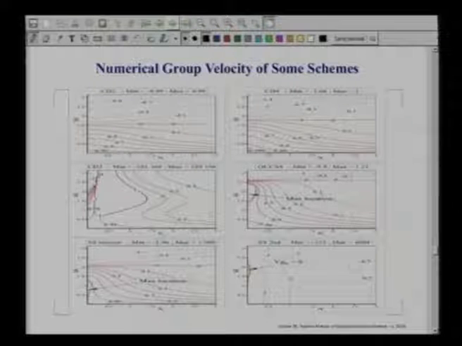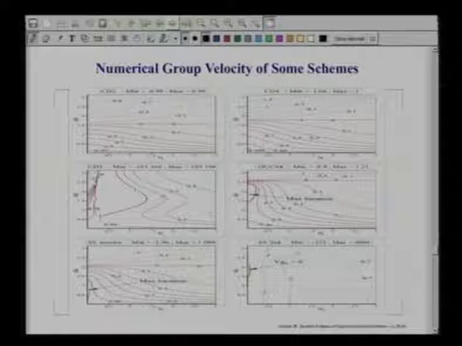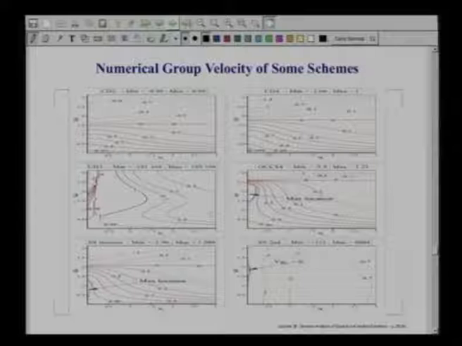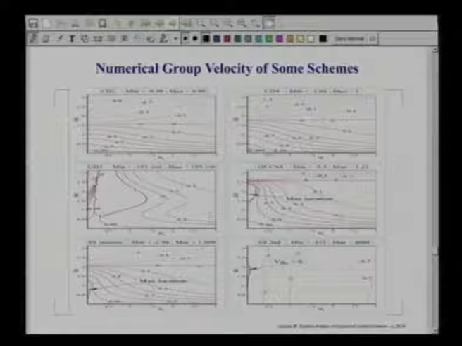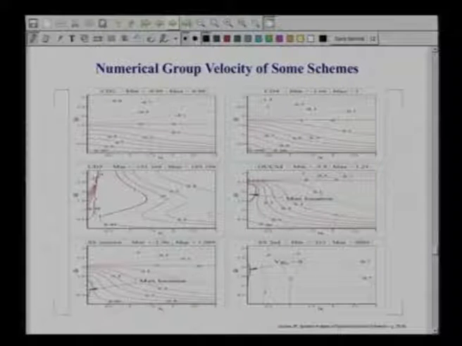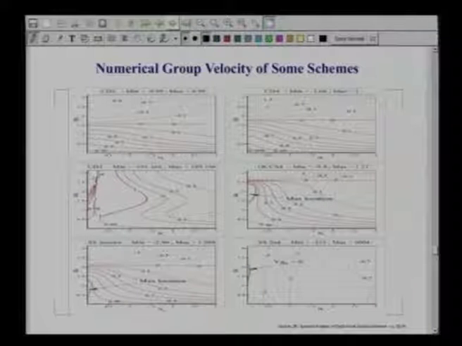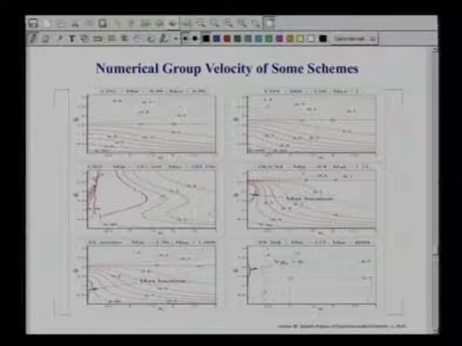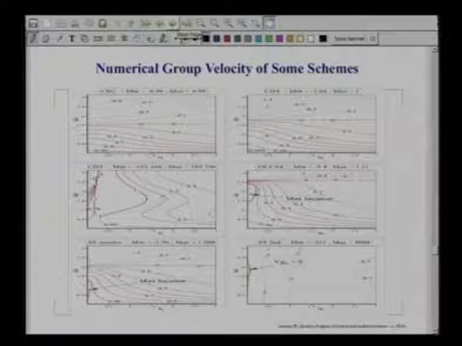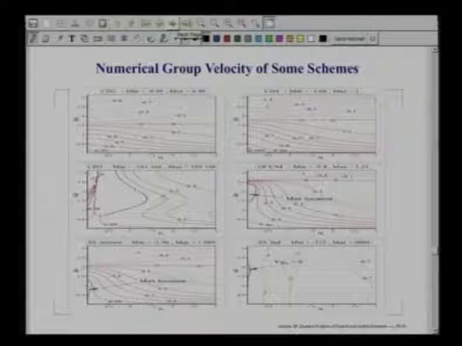What you notice are certain properties which we will be exploring once again when we talk about compact schemes at a later time.